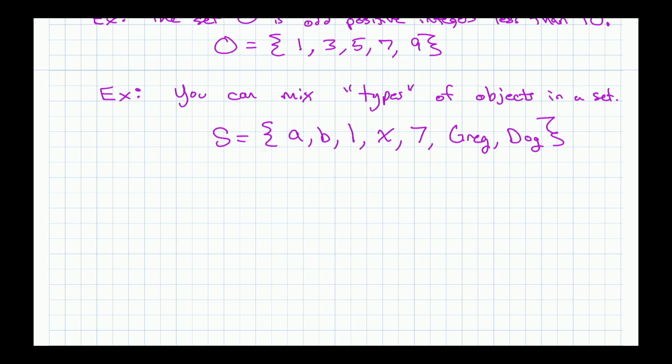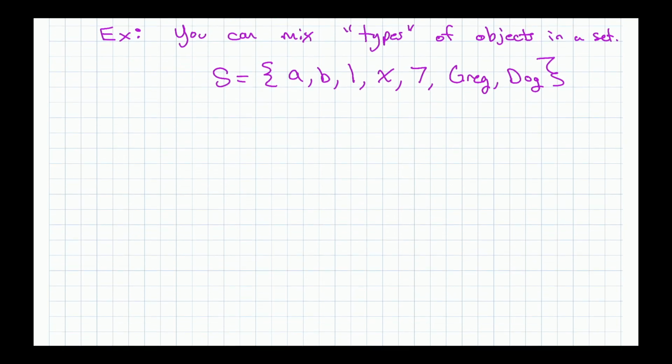All right. And yeah, that's how you do roster notation. Now, something that you may have done in math before, but now you can do it in sets, is the role of dot dot dot, ellipses. Okay.